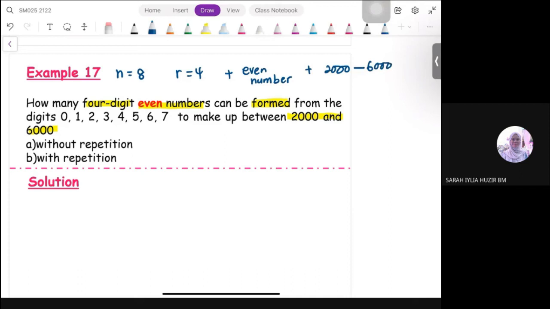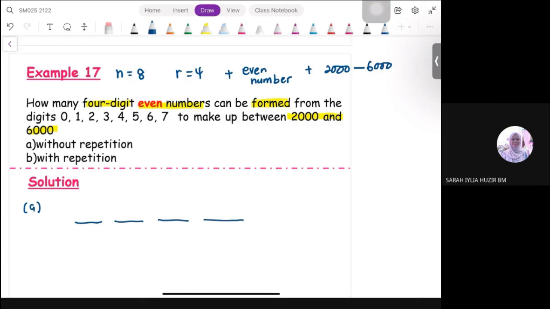Alright. And then we have to consider different cases now. For the first one, part A, without repetition, means on each number we can only use once. Okay, kita mula seperti biasa, kita buat dulu kotak. How many box do we have? We have 4 different box because we only have to arrange 4 digit number. Okay, so now remember the first condition. What is the first condition? It must be even number.